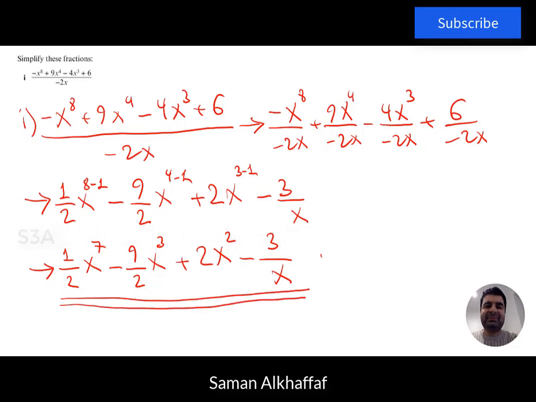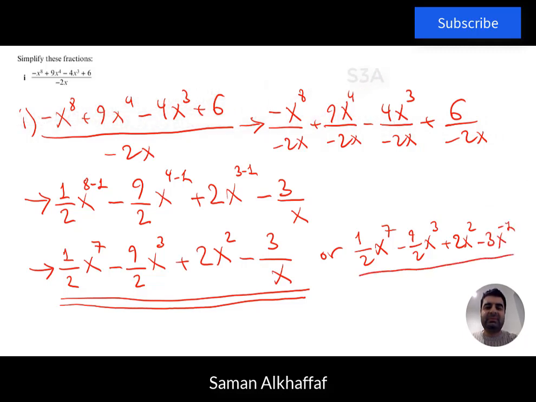Also you can rewrite it in such a way that the last term is represented in terms of power, so that can be written in the form of half x to the power 7 minus 9 over 2 x to the power 3 plus 2x to the power 2 minus 3x to the power of minus 1. So that's another representation of the final answer.